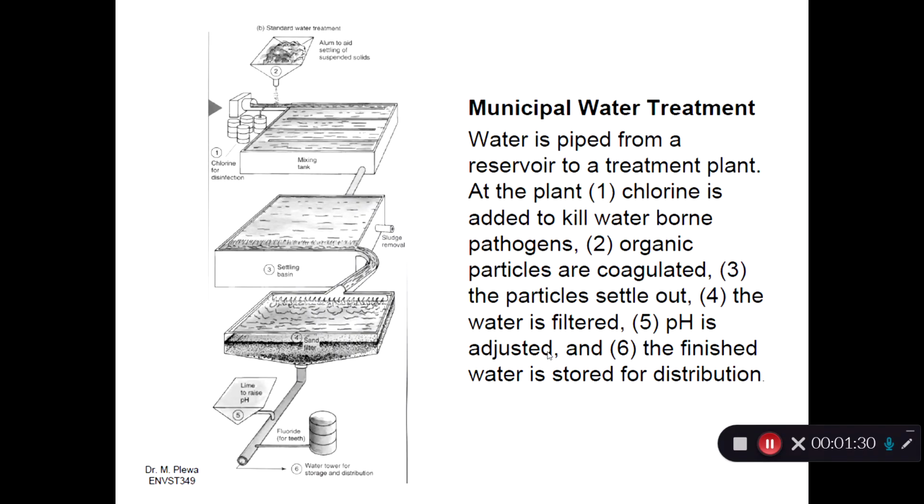So let's quickly review what it is that we do when we create clean, safe drinking water. We have to have some sort of source of water, and protecting the water source is usually the most important thing that you can do for drinking water quality.